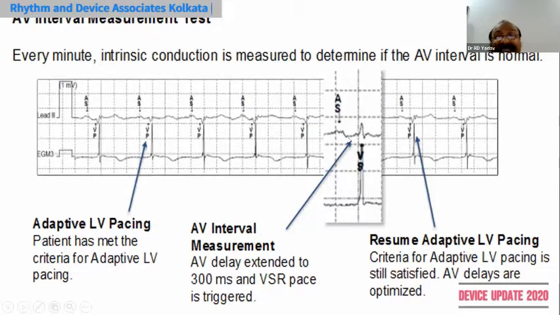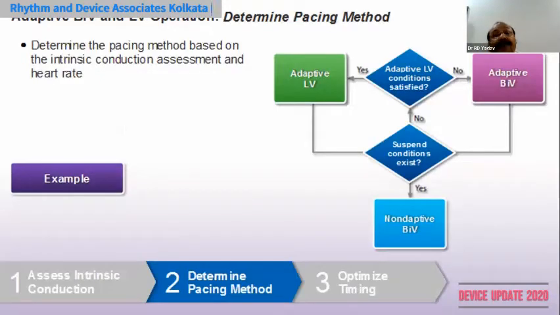V-sense response is for those beats where it is checking the intrinsic conduction, the beat which is conducted, it gives biventricular pacing. They sense the V and give the ventricular pace response, so that both RV and LV are paced, so that even the intrinsic conduction which it checks every minute becomes BIV pace. So that means it does not reduce the biventricular pacing percentage. It is more than 98% most of the time. So that is another important thing.